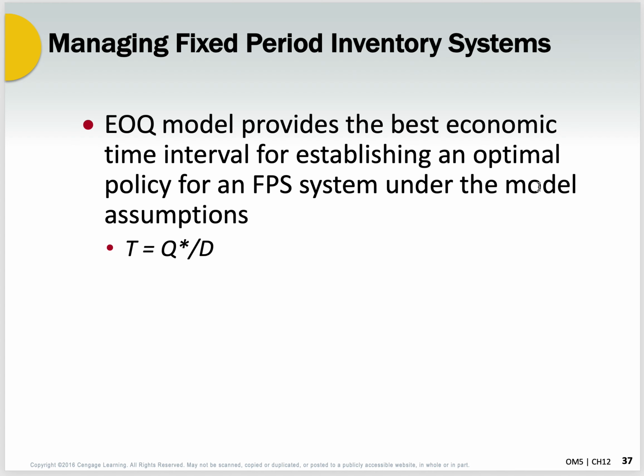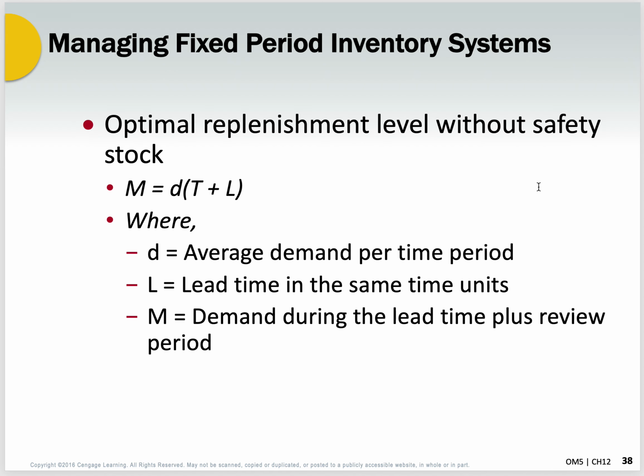Under the model assumptions, the time is Q star divided by D. Optimal replenishment level without safety stock is M equals D times (T plus L), where D is the average demand per period, L is the lead time in the same units, and M is the demand during lead time plus review period.